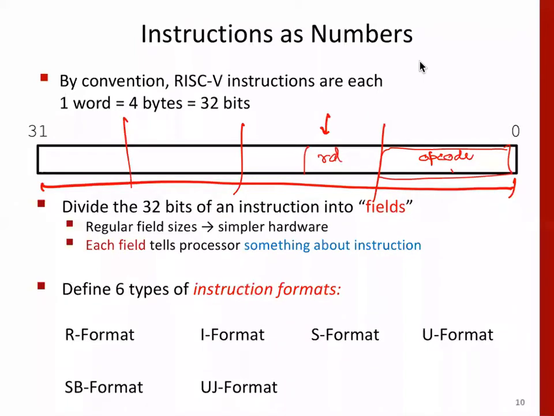It knows that between certain bit ranges, you get the RD value. These are different fields, and each field tells the processor something about the instruction.